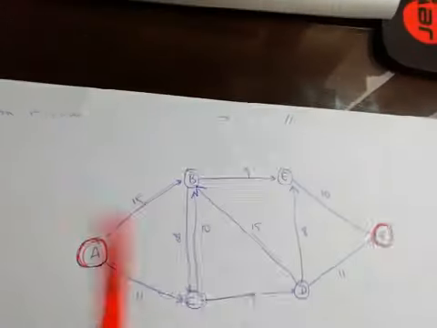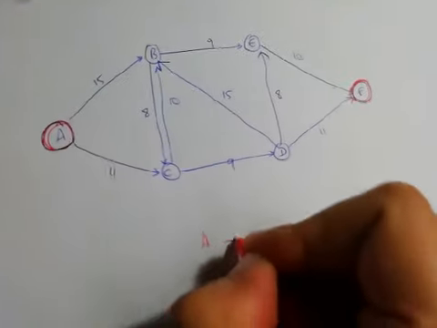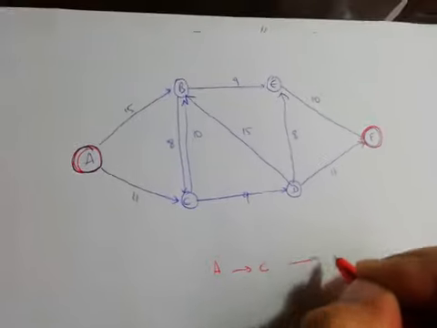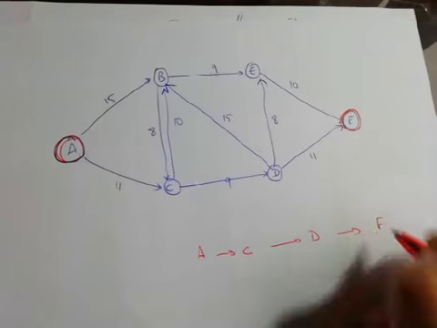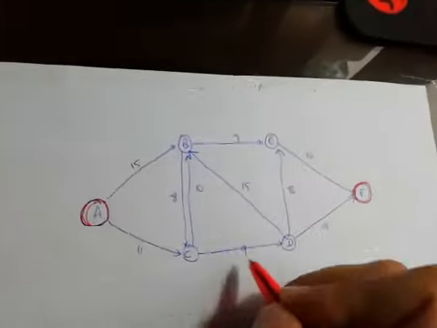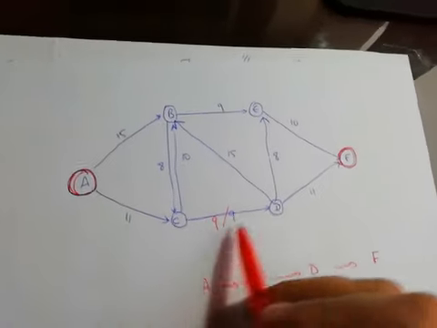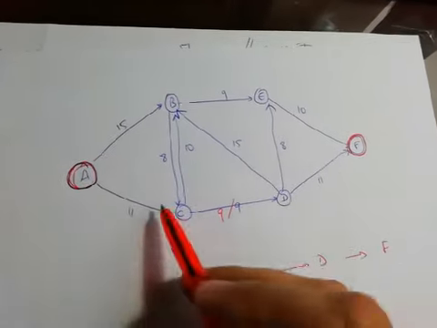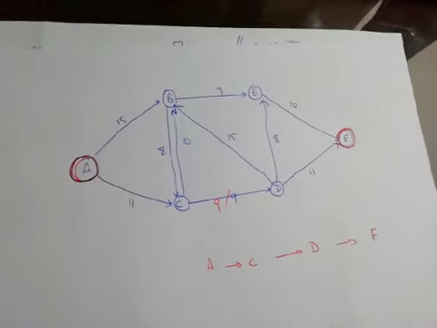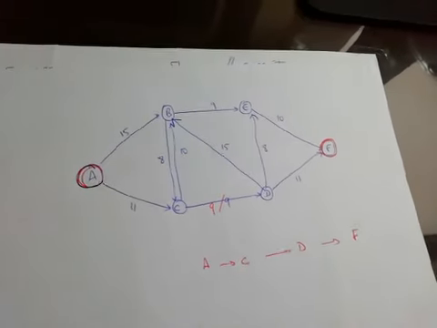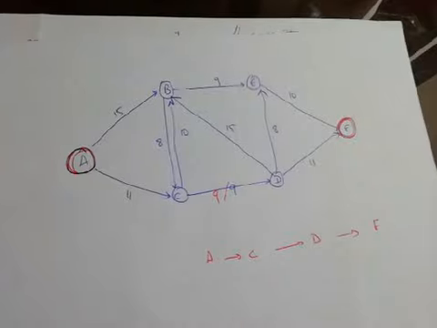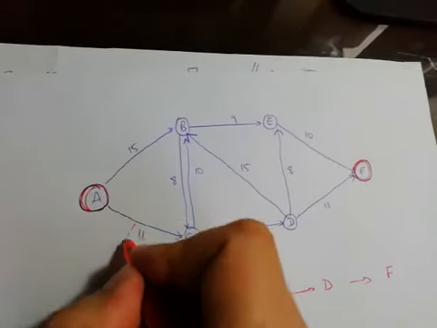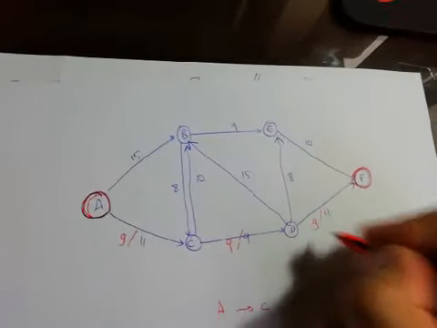Okay, so if we start by A going to C, and from C going to D, and from D going to F, the maximum we could send here is 9, which is the minimum capacity on the line. So the flow here would be 9 and the flow here would be 9.